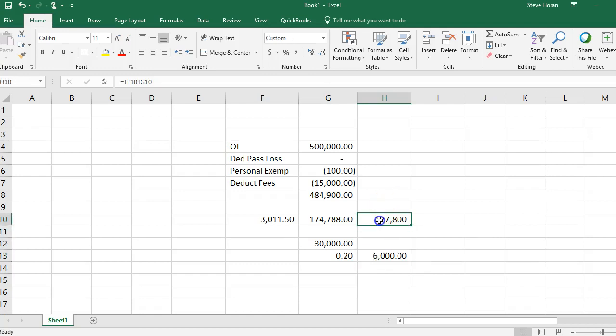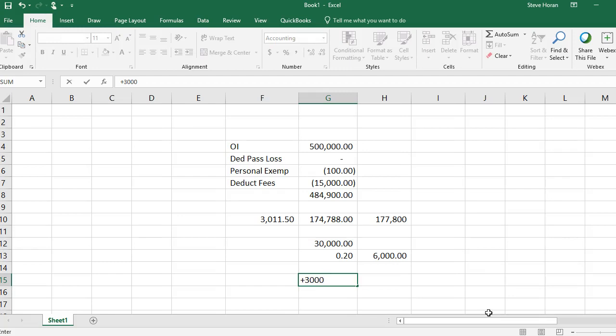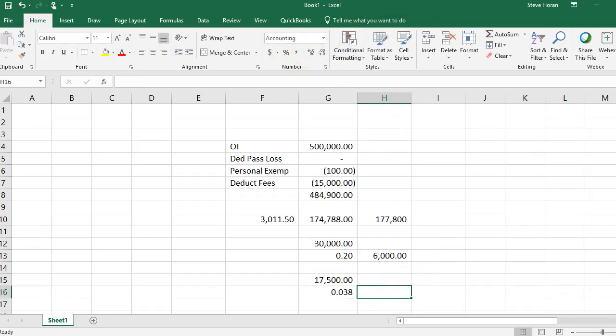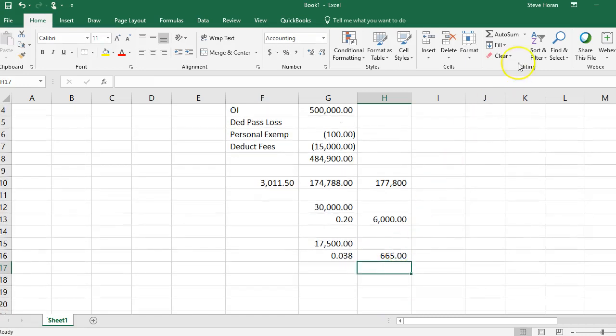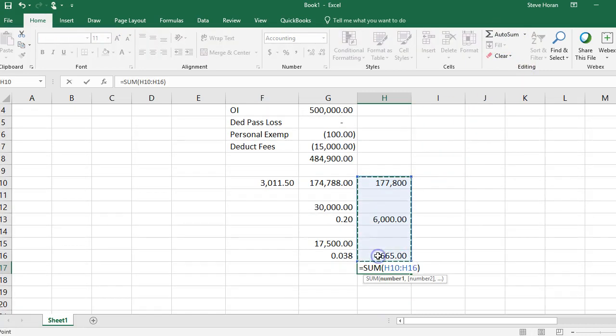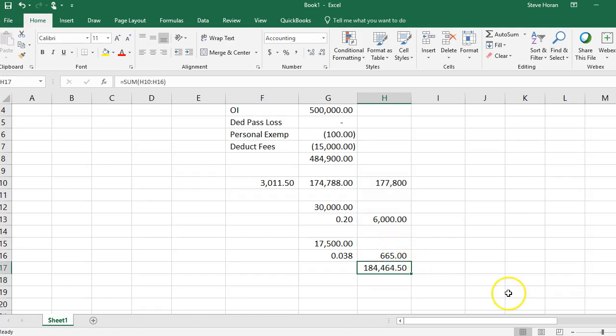Okay, so I'm paying 177.8 plus 6,000 plus a tax on that 30,000 again, minus an exemption of 12.5, and then I'm going to tax that at 0.038. So that's basically a tax on undistributed net investment income. So I'm going to take the 17.5 times the 0.038, and I get 665. So my tax is the sum of these three items right here, which is 184,465.